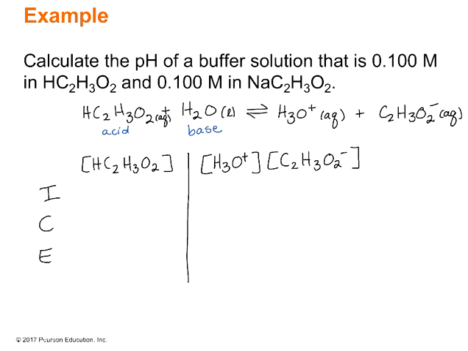Okay, now usually we're given the concentration of our reactant and we're not told the concentration of the products. But in this case, we have both some amount of our reactant and our product initially. So we're told that we have 0.1 moles per liter of acetic acid, and then we also have 0.1 moles per liter of acetate present in solution.